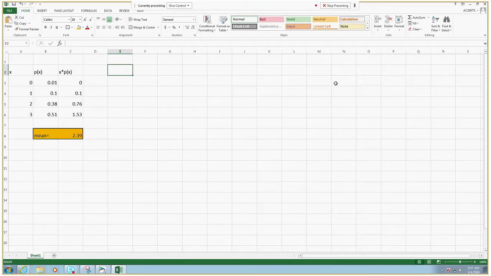I'm going to make it over here a little bit. X squared is going to equal this number raised to the second power. And then x squared times p of x, which is going to equal this number times p of x, right here.